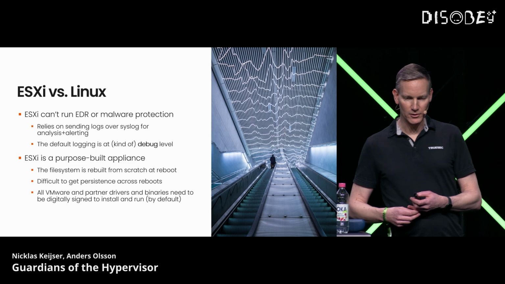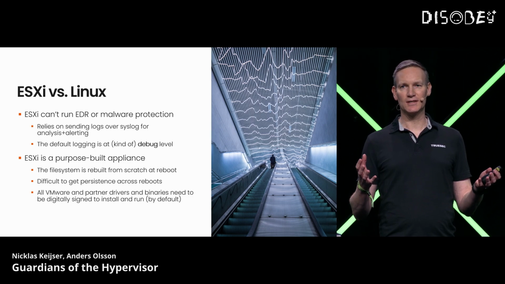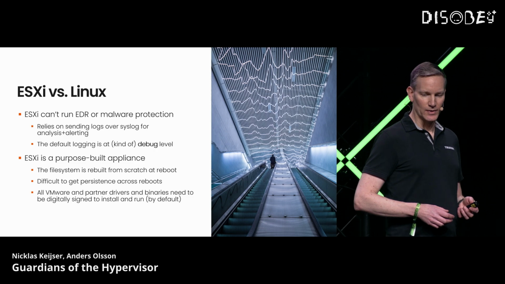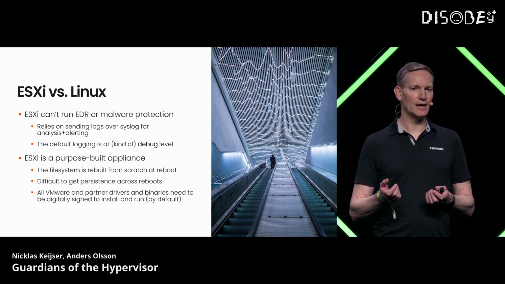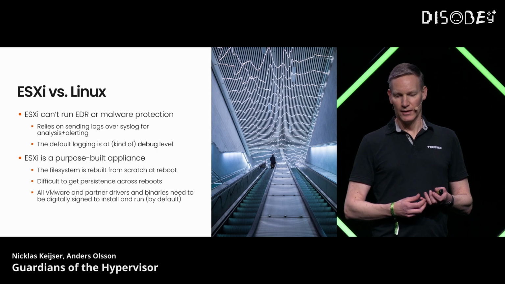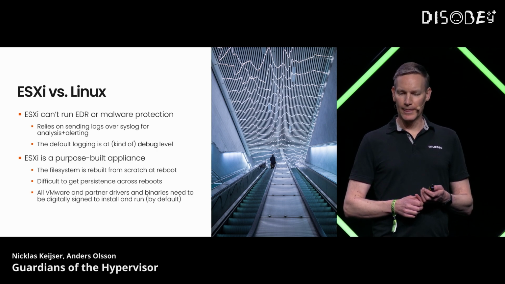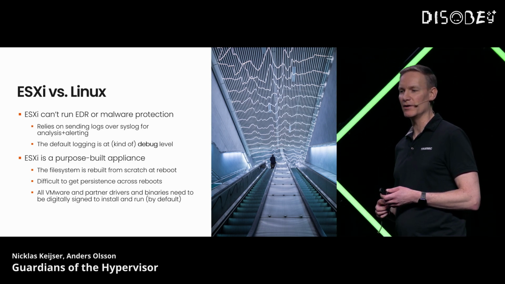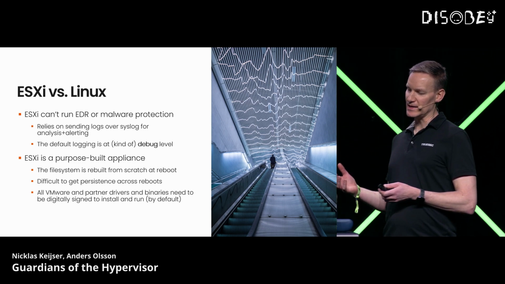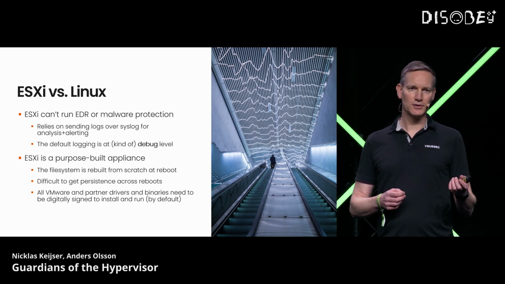On the positive note, ESXi is purpose-built to run virtual machines and only do that, which means it's a bit more difficult to get persistence on ESXi than regular Linux. The file system gets rebuilt from scratch every time you reboot it. But most significantly, the last bullet there, everything that runs in ESXi needs to be digitally signed by VMware or their partners.